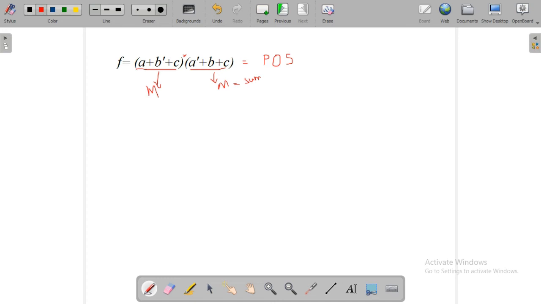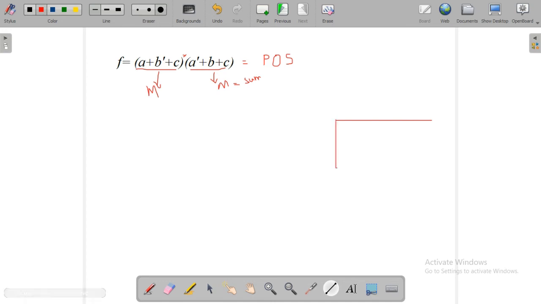This is the last example, discussing how to map the values in the K-map. Here three variables are there, A plus B dash plus C. So we have to draw a three variable K-map, that you know.